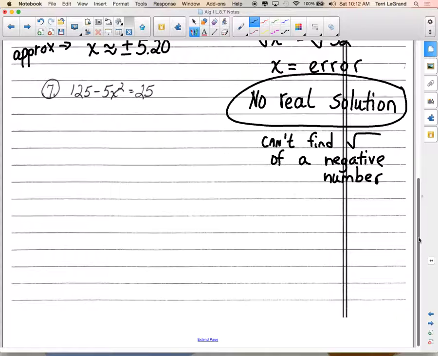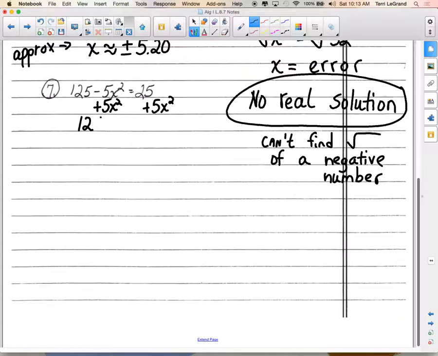Number 7, our last one. Well, we need to get the x squared term set equal to the c term. I always like to deal with positives as much as possible, so I'm going to move the 5x squared. No matter what I do, I have to make 2 moves. So I'm going to add it to the other side to get rid of it on the left side.